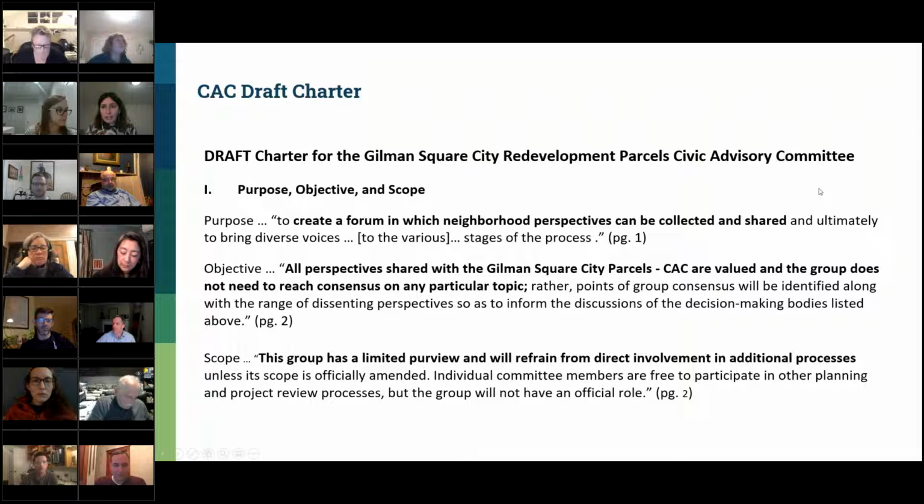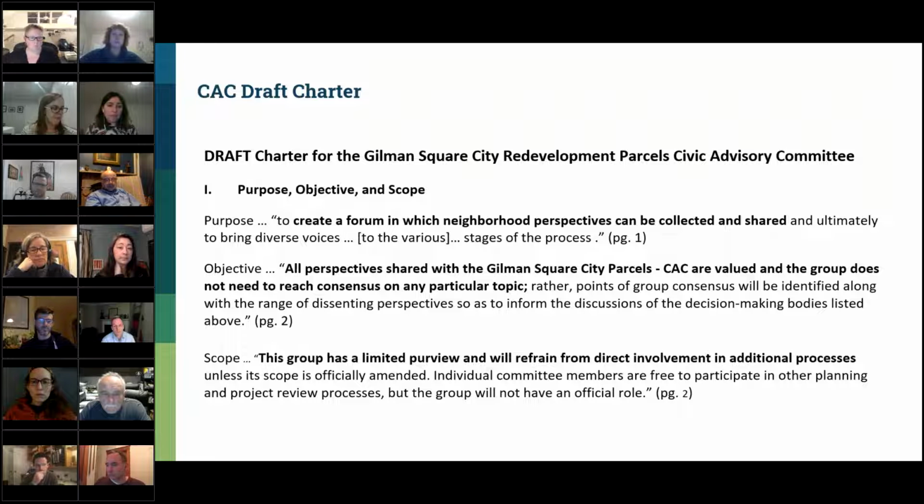So I just wanted to highlight some of the pieces of this document. The first section goes through purpose, objective, and scope. Really that our purpose here as a group is going to be to create that forum in which neighborhood perspectives can be collected and shared. The objective is really to make sure that all perspectives are shared.